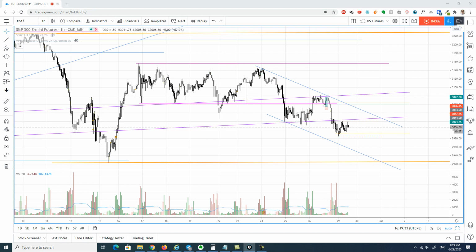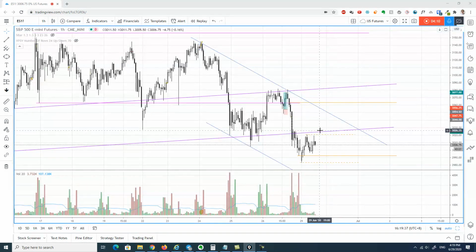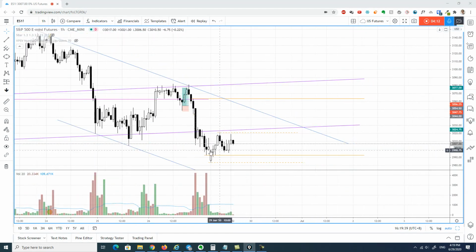Currently from the Asian session, we see that we have a small gap down here. This is the opening bar here with a small gap down. It's a really small gap, and eventually we filled the gap up and attempted to rally, but you can see that it's a really weak rally up.